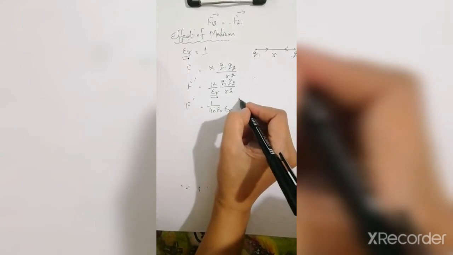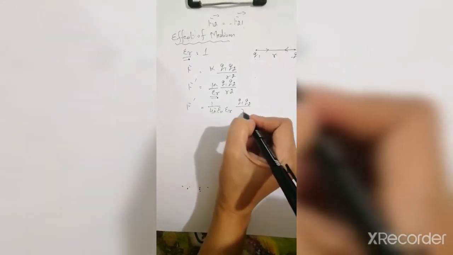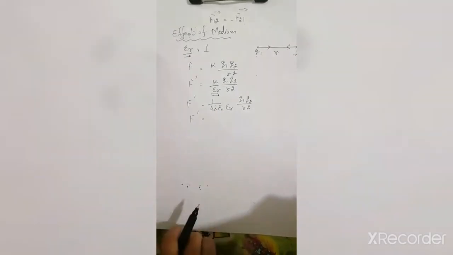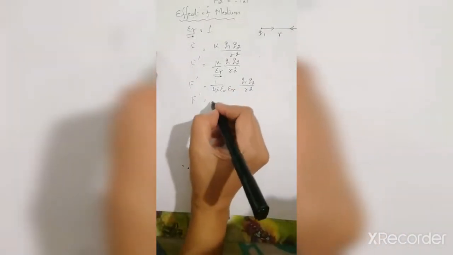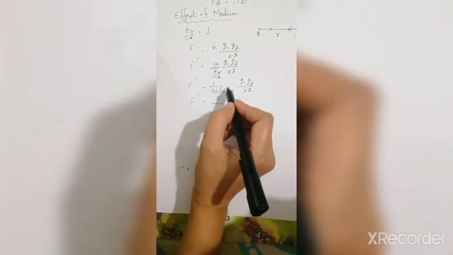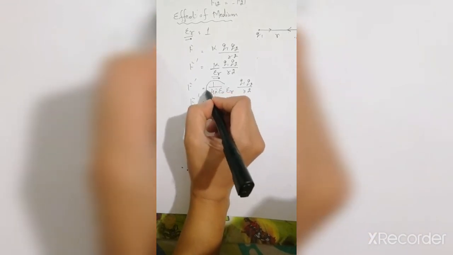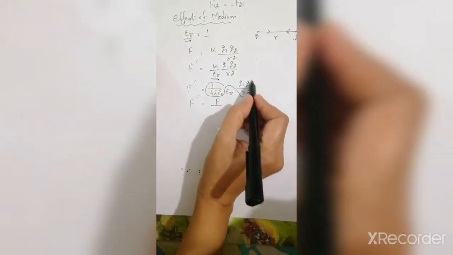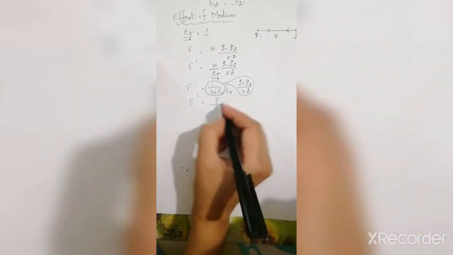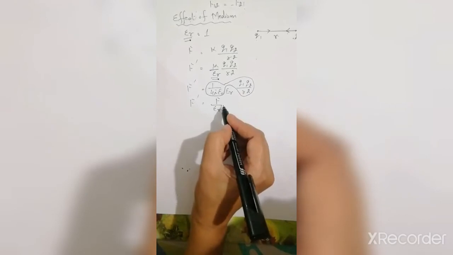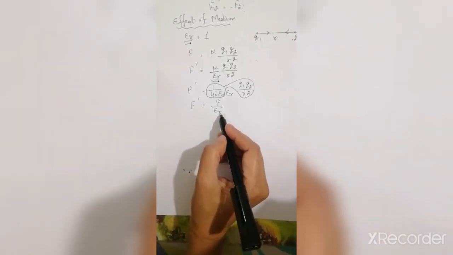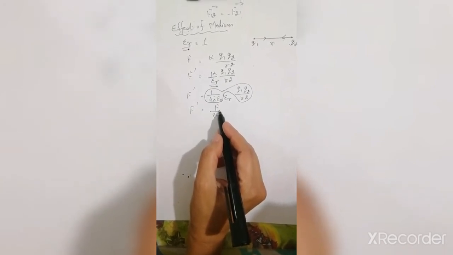So F prime = 1 over 4 pi epsilon naught, q1 q2 over epsilon r r square, while capital F = 1 over 4 pi epsilon naught, q1 q2 over r square. From this equation you can also see that epsilon r is in the denominator, which means it decreases the value of the force.